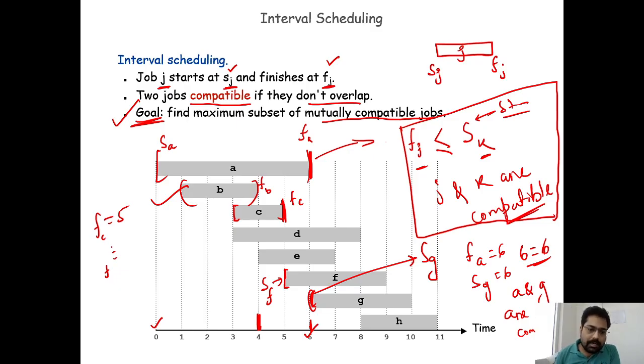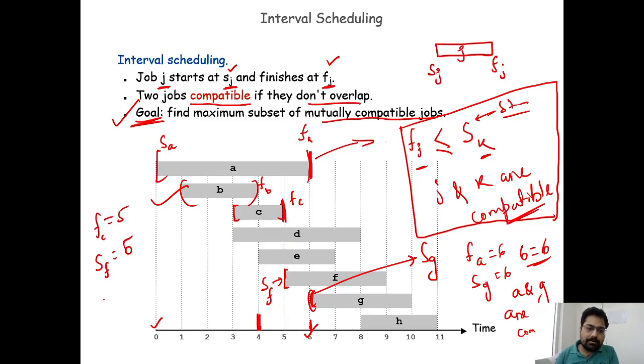Okay, here f of c we have selected because c and f are compatible or not. To check that, we have to go for checking the condition first, whether f of c is less than or equal to s of f, means the starting time of the next or upcoming job, or not. Okay, for that condition I can find out that this is the starting time, which is 5, and this is the ending time, which is 5.